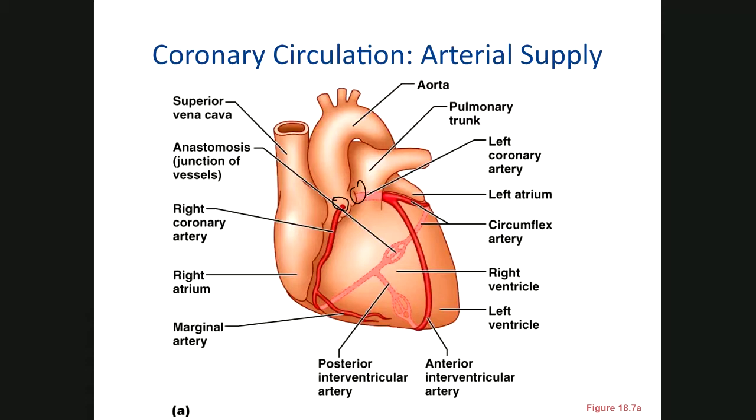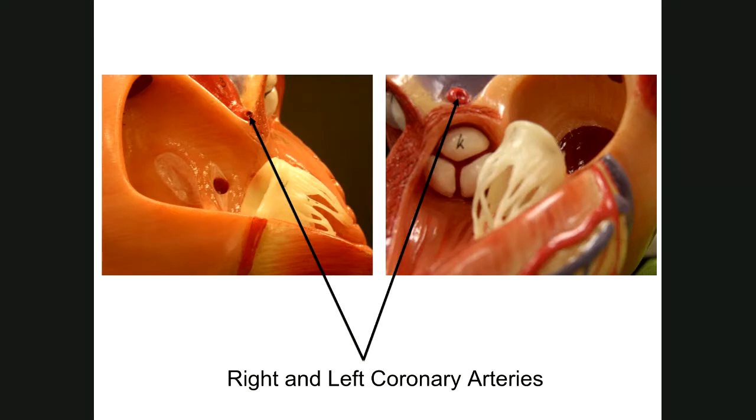Well, if we look at the right one, it just comes out and you can see it very easily. But the left one goes behind the pulmonary trunk, so you don't see much of it until it gets right here. And that's exactly what we see in this picture. That one we can see very easily.